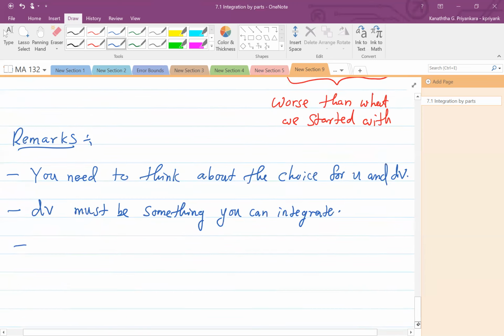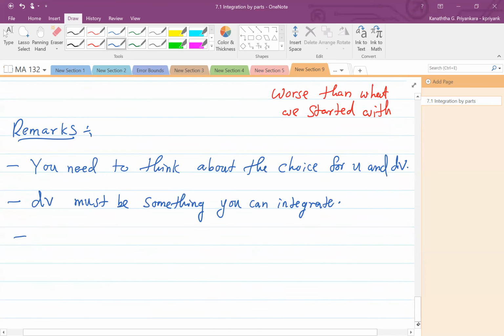Number 3, sometimes you may have to do the integration by parts more than one time. I will do one or two examples related to that. So you may need to do integration by parts more than once.